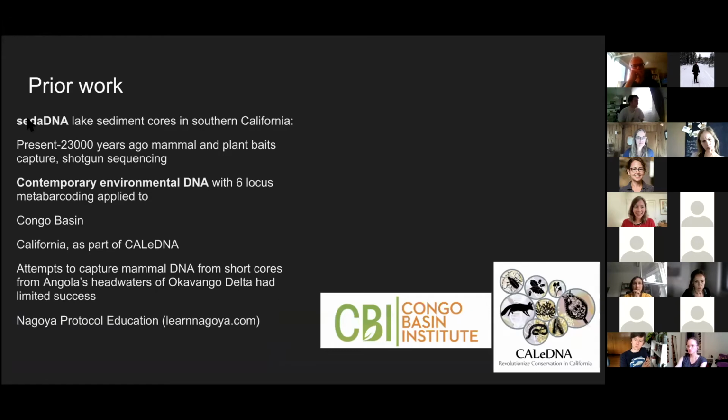We're seeing that it works pretty well, except for a lot of human contamination, because people sometimes handle samples without gloves on. We used 6 different primer sets to capture the whole tree of life. Tom Smith, who's here, has been working on that in the Congo Basin as part of the Congo Basin Institute. We also have a citizen science program in California called CaliDNA, where we've been doing this.